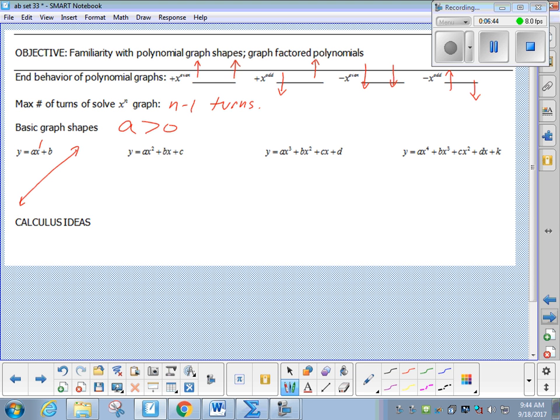We'll do the calculus in a second. What about ax squared plus bx plus c? It's a parabola opening up if a is positive, and the second degree takes 1 turn. A cube.